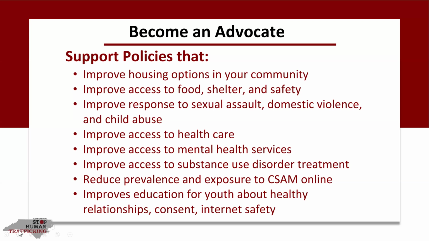As you can see, all these policies are designed to make sure people have their needs met, so traffickers don't come in to do it for us, right? So become an advocate if you can.